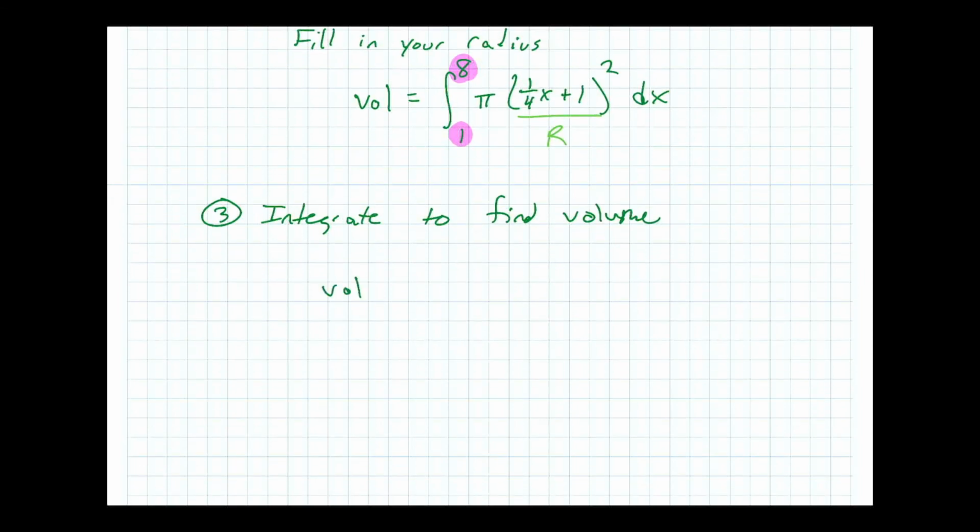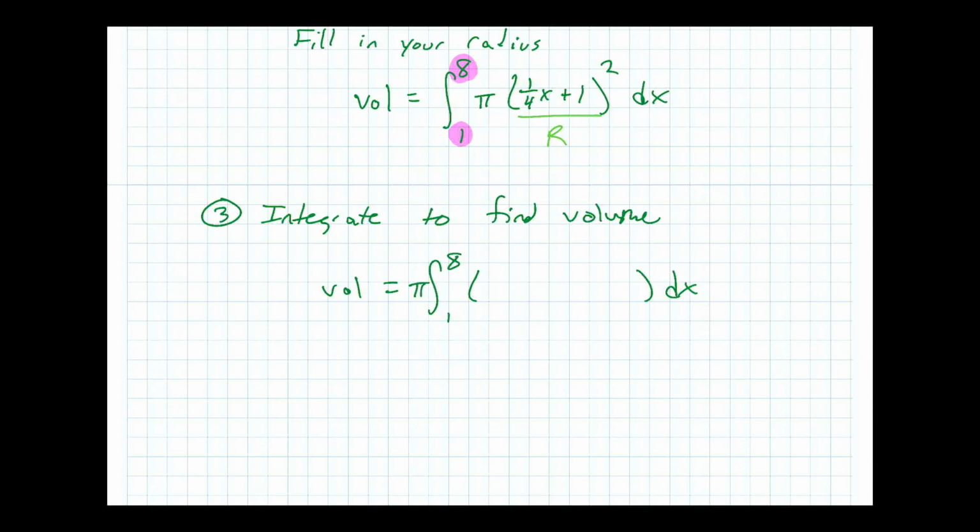So how would we do that? Well, the first thing you can do is you can actually just take this pi and using the rules for integrals, move the pi out of the integral. You don't need it inside. In here, you are going to have to FOIL that, multiply it out.